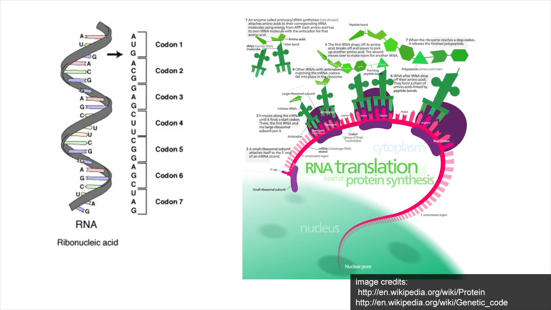The translation machinery reads along the RNA molecule 3 nucleotides at a time, and for every 3 nucleotides, it creates an amino acid, and those are built together into a long string of amino acids, which is what we call a protein. And when the translation machinery hits one of these 3 special codons that don't encode anything, it stops, and that's the end of the protein. So that's how it knows.